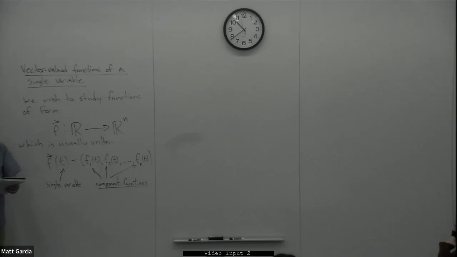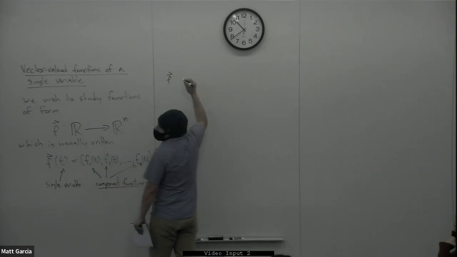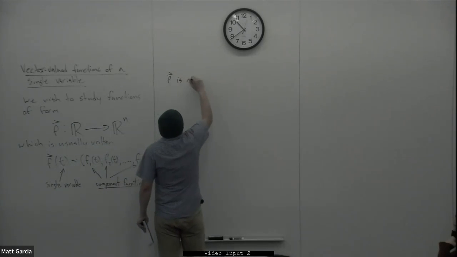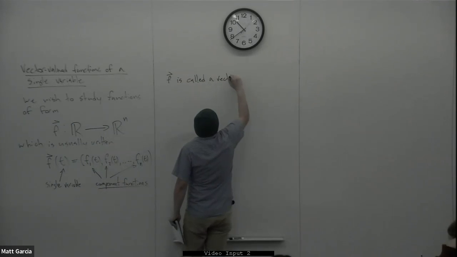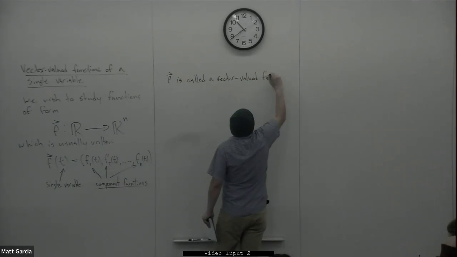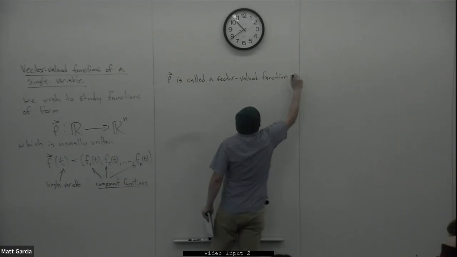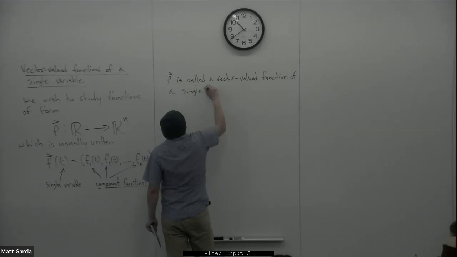Okay. f hat is called a vector valued function of a single variable.